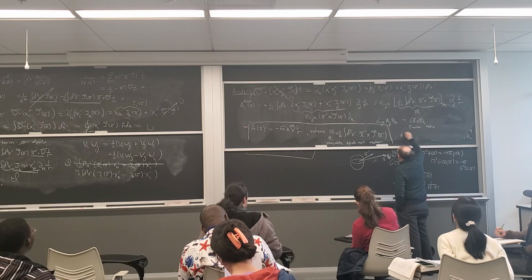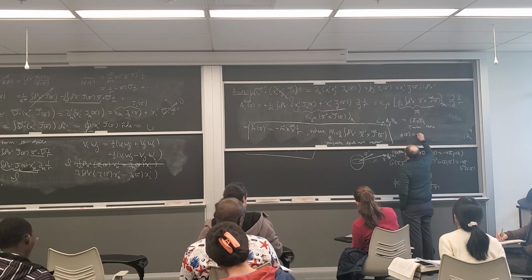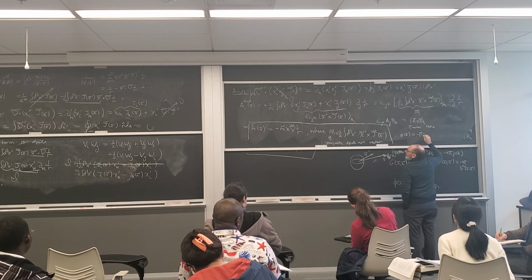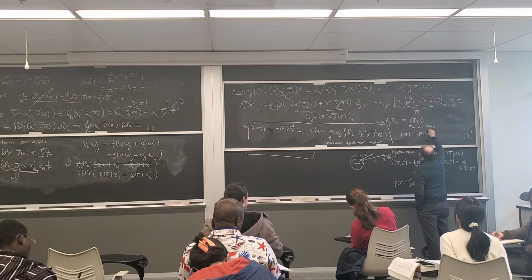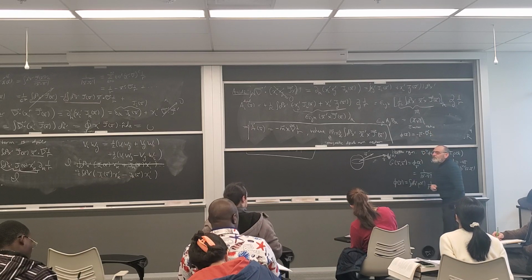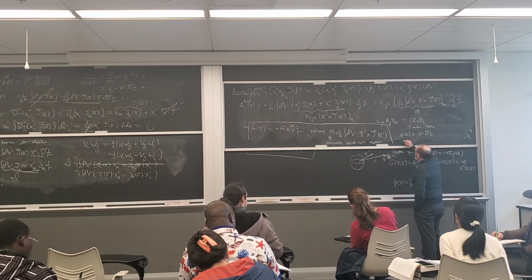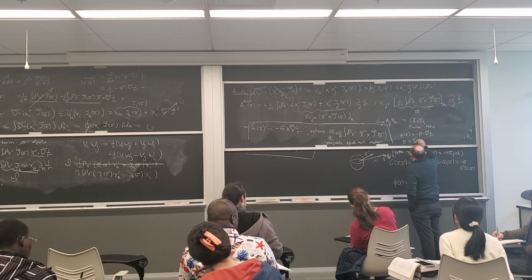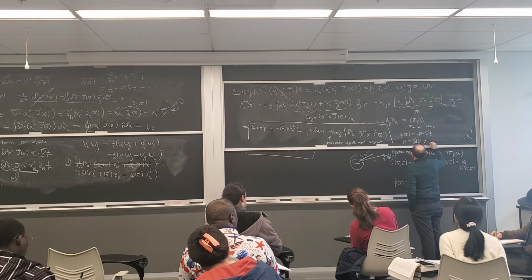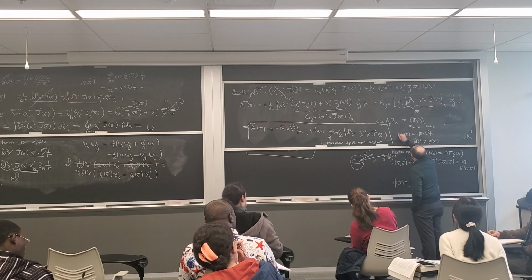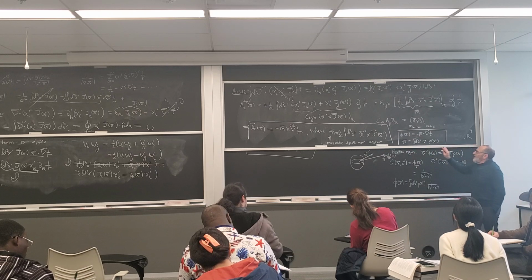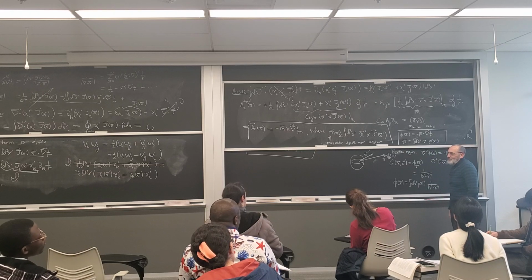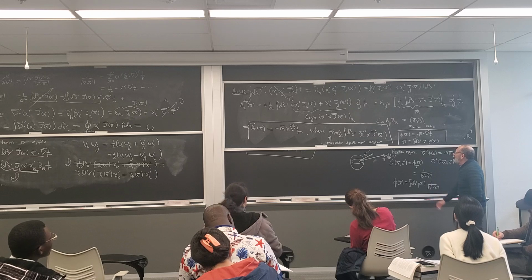The dipole electrostatic potential is minus p dotted into the gradient of 1 over r, where p is equal to the integral over the charge distribution of x times rho. Everything's the same except every dot product becomes a cross product. And there are some factors of c.